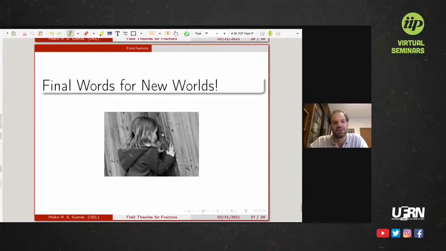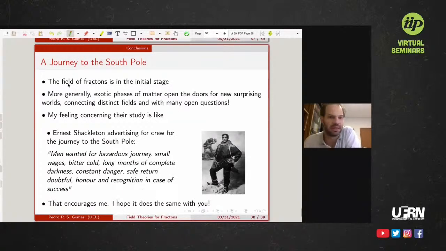And just to conclude, I would like to point out that the field of fractons is in its initial stage. More generally, exotic phases of matter open the doors to new surprising worlds, connecting distinct fields, with many open questions. And my feeling concerning their study is like this. So this is my propaganda for the field.